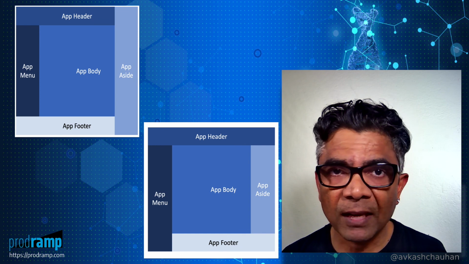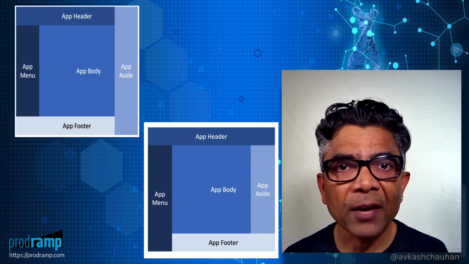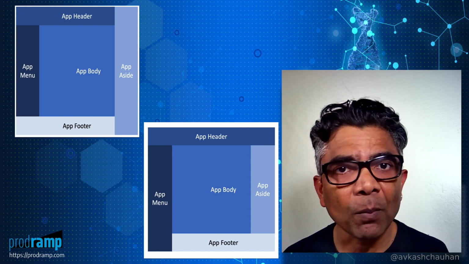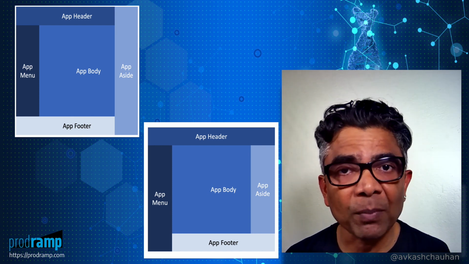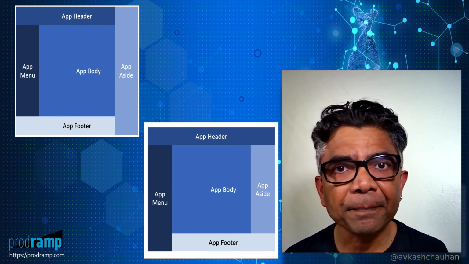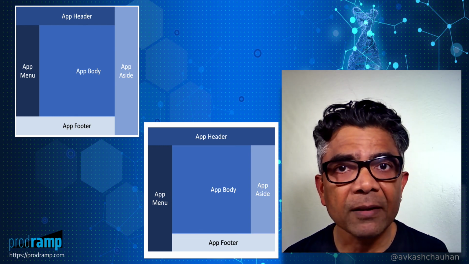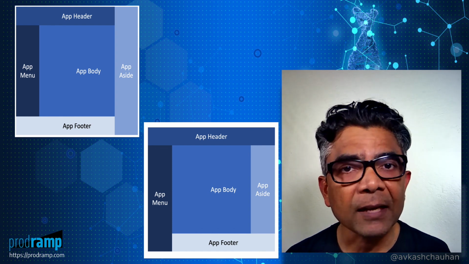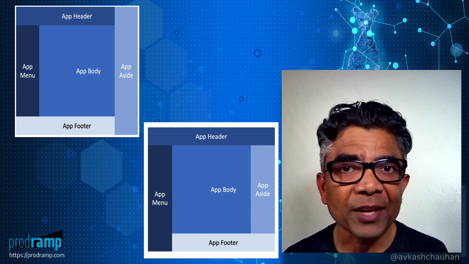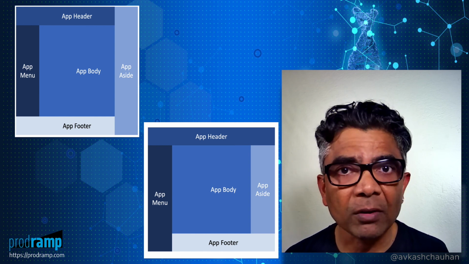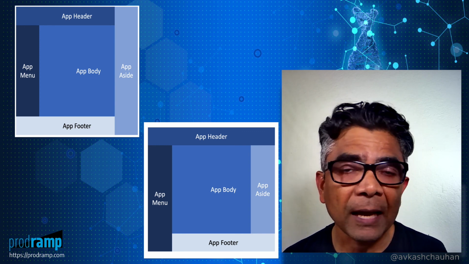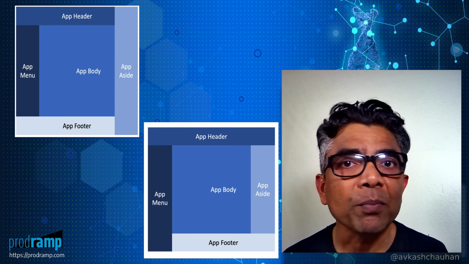So now let's recap what we have covered in this tutorial. We started from an empty web application based on React and Chakra UI, and we added the app layouts, and that app layout consisted of various components such as app header, app footer, app body, app aside, as well as the app pop-up drawer.